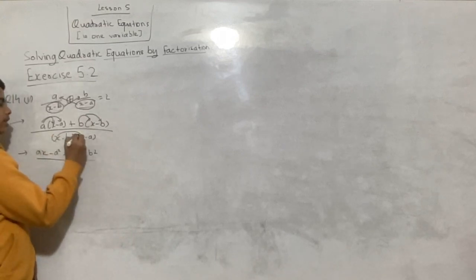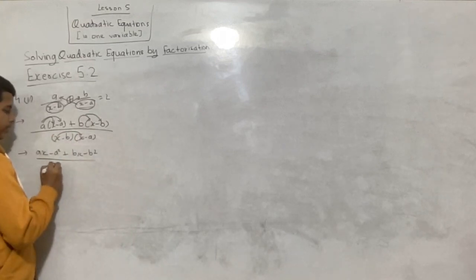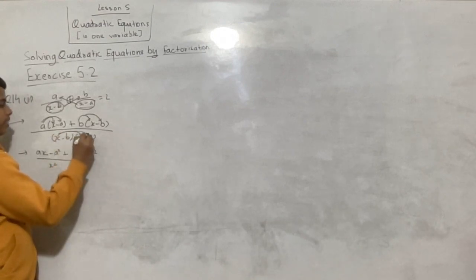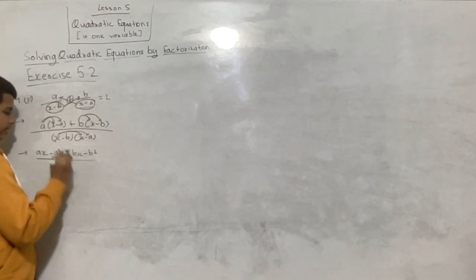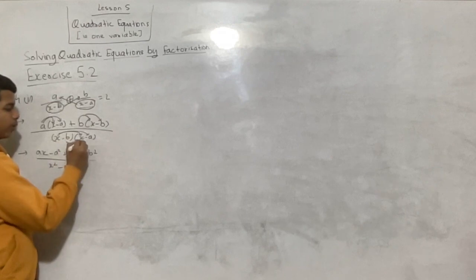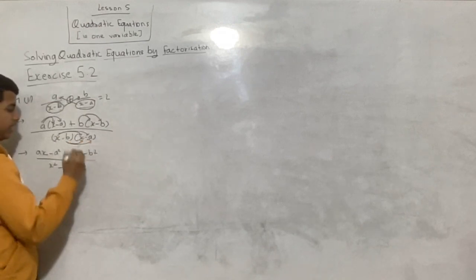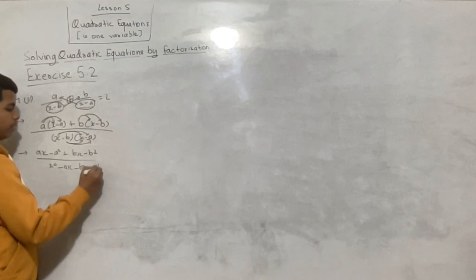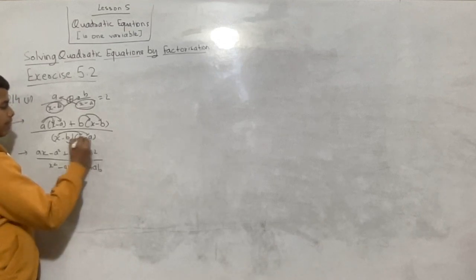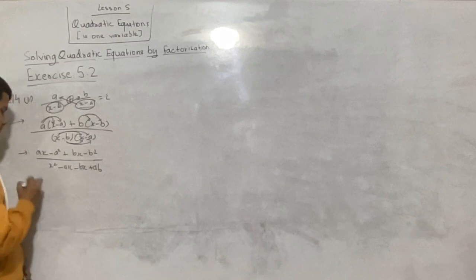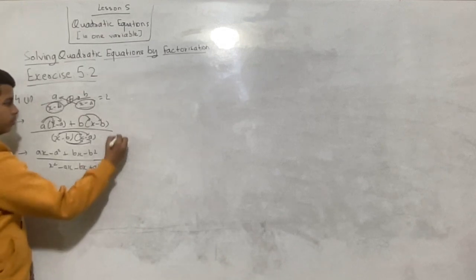So x into x gives you x square, then x into minus a gives you minus ax, and minus b into x gives you minus bx, and minus b into minus a gives you plus ab. Now why plus? Because minus and minus becomes plus, is equal to 2.